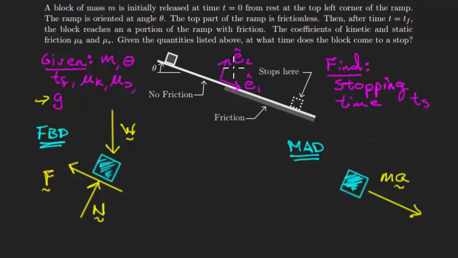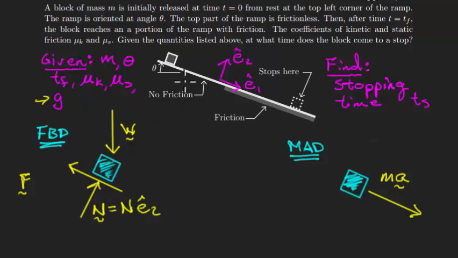So if I do that, then let's write these vectors here in terms of e hat 1 and e hat 2. The normal force, that one's really easy. That one's in the direction perpendicular to the ramp. That normal force is all in the e hat 2. So I'm going to call this N e hat 2. Right? N is a scalar. N is the component of this vector in the e hat 2 direction. Similarly, the friction is quite simple. So the friction force is tangent to the ramp.